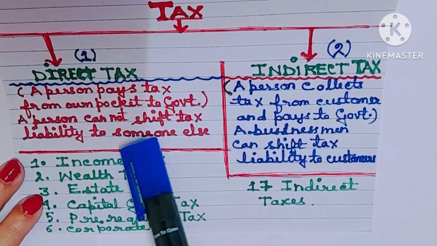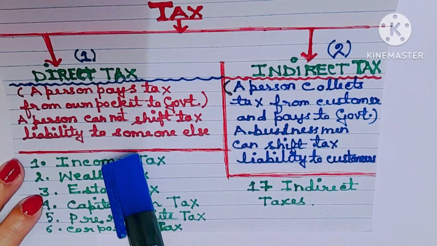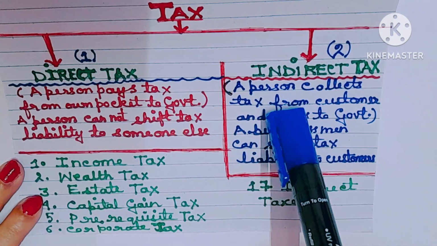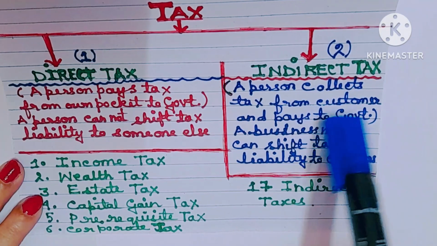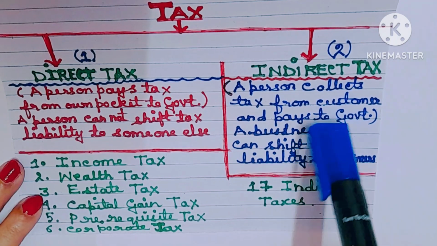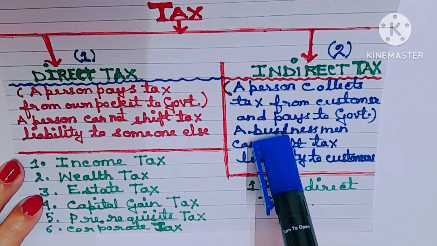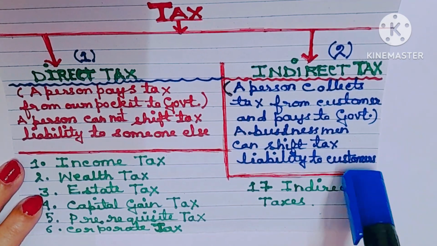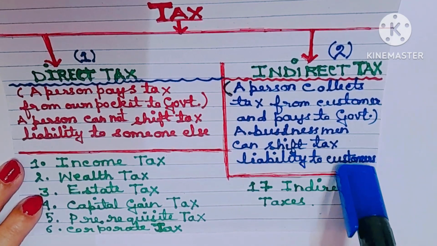A person cannot shift tax liability to someone else. What is indirect tax? A person collects tax from customer and pays to the government. I've already given you an example of indirect tax. A businessman can shift tax liability to customers.